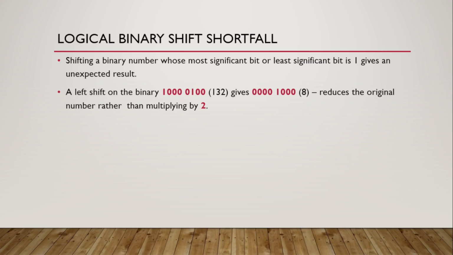We expected that 132 be multiplied by 2. In that case, this reduces the original number rather than multiplying by 2. And on the other hand, a right shift on the binary, which corresponds to 45, will instead give us 22.